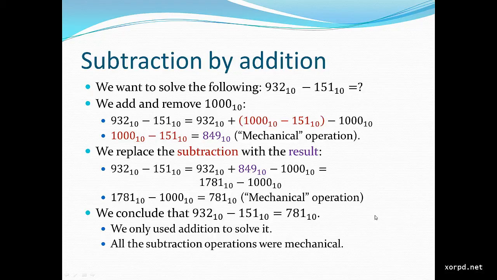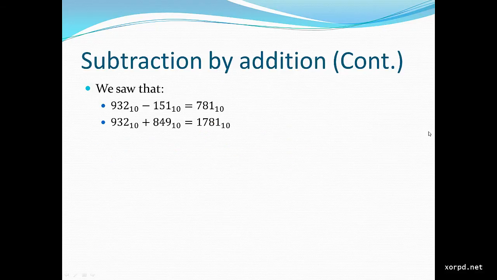So eventually we conclude that the result is 781 in base 10. And it really seems that we only used addition to solve it. The rest of it was just mostly mechanical. So we saw that 932 in base 10 minus 151 in base 10 equals 781 in base 10.